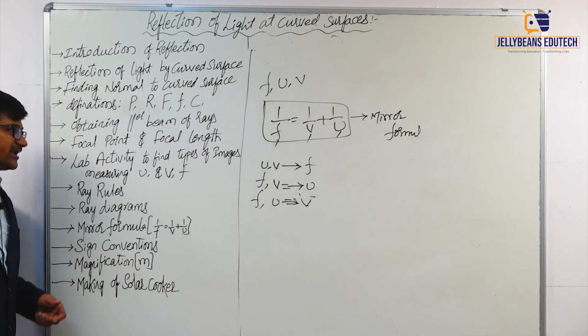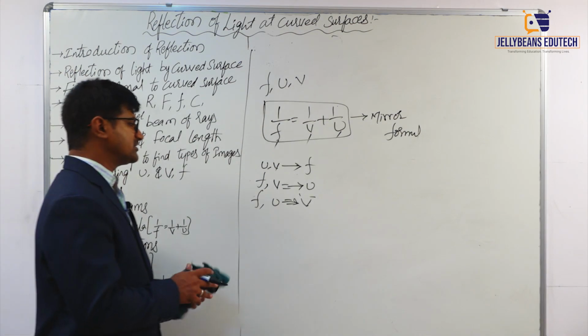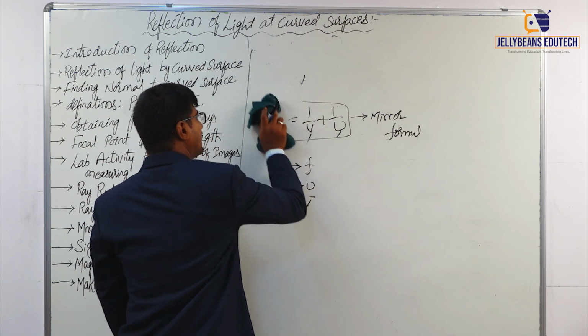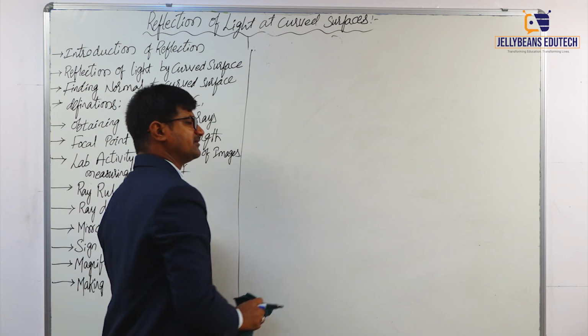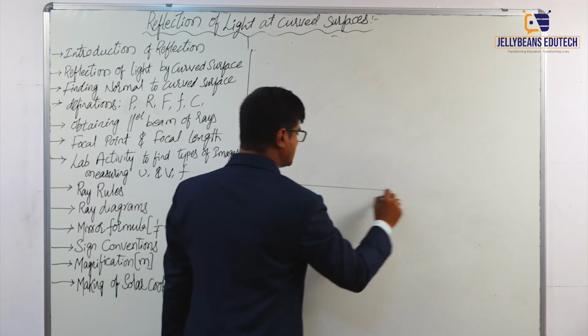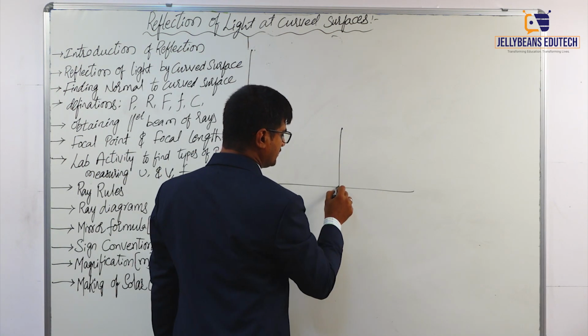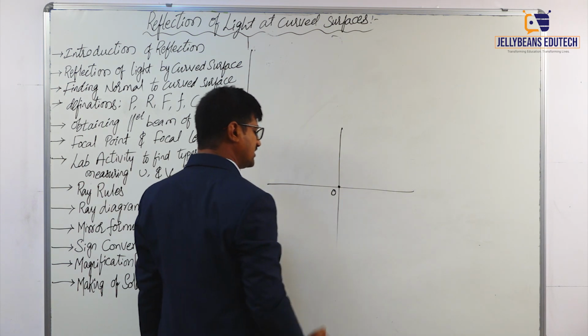Next, coming to the sign conventions. To describe the sign conventions, we are taking the help of a graph. In this graph, we consider the point O as the origin.